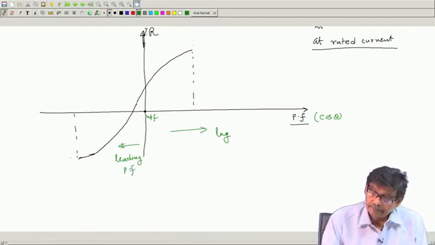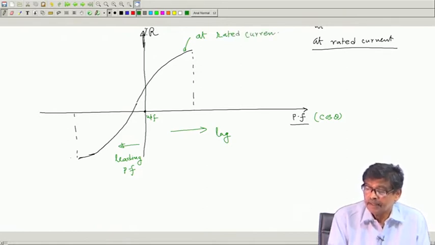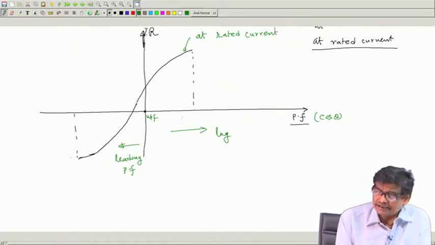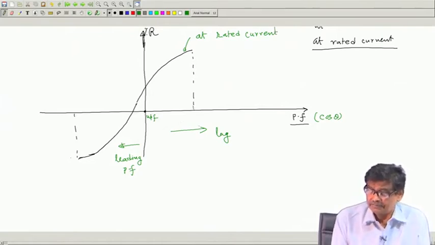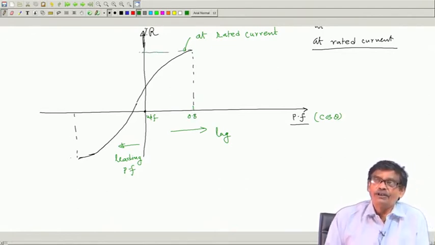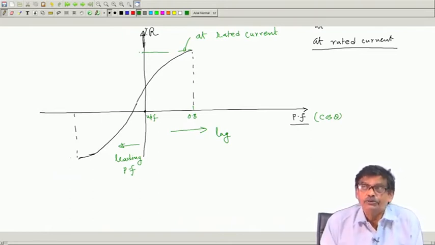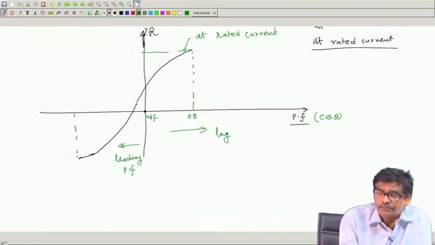And this regulation curve I have plotted, for example, at rated current. I must specify that at rated current. And as I was telling you, at rated current power factor 0.8 lagging, suppose 0.8 lagging, regulation will be small or high? Like efficiency is 99%, 98%, that is common, but regulation should be low, it may be about say 5%.